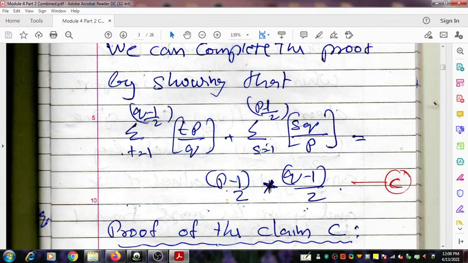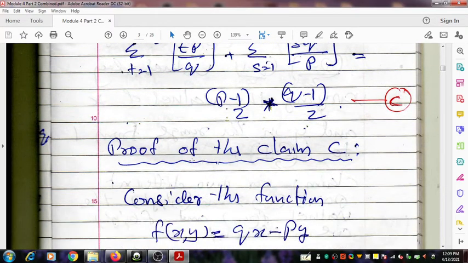So that is an even number. By adding an even number either to the left side or to the right side, you can make this equation complete. It is a congruence mod 2, but that congruence can be replaced by an equal symbol by adding some quantity 2 into k to the left side or to the right side, not to both sides. To one of the sides you can add that quantity.